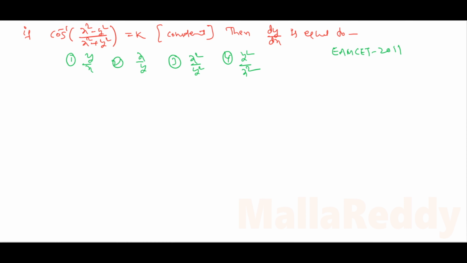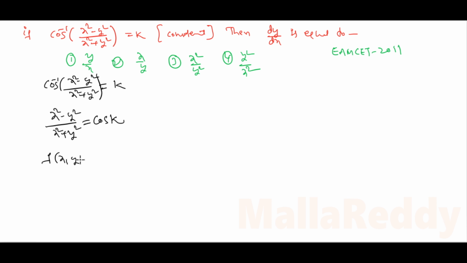If cos inverse of (x square minus y square) by (x square plus y square) is equal to k, then dy by dx is equal to dash. Here cos inverse of (x square minus y square) by (x square plus y square) is equal to k. So from this equation, (x square minus y square) by (x square plus y square) is equal to cos k. Here the function f of x comma y is equal to (x square minus y square) by (x square plus y square).